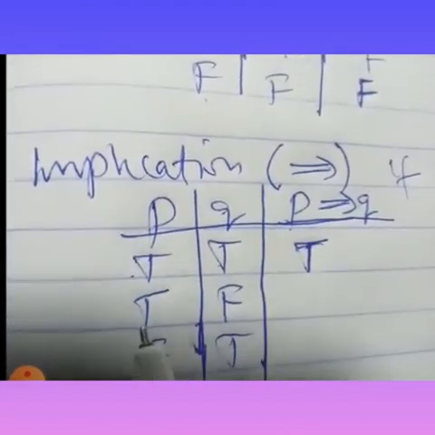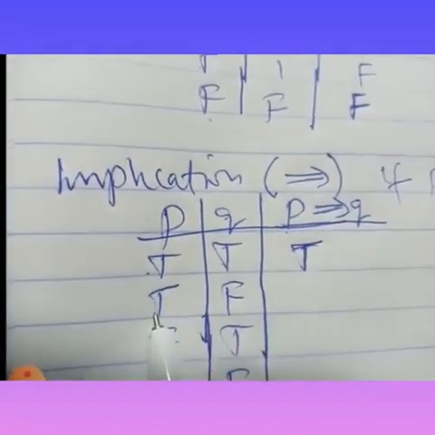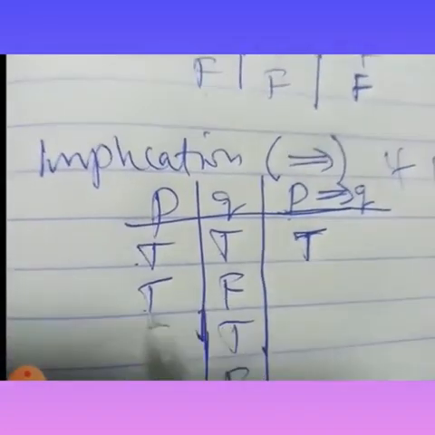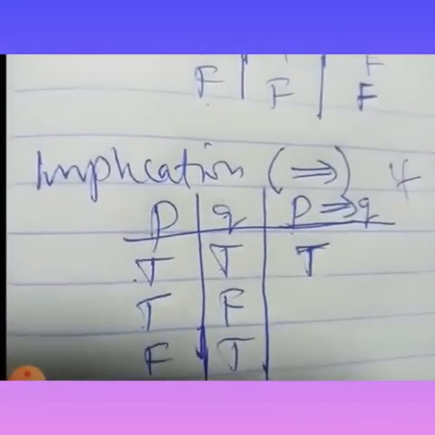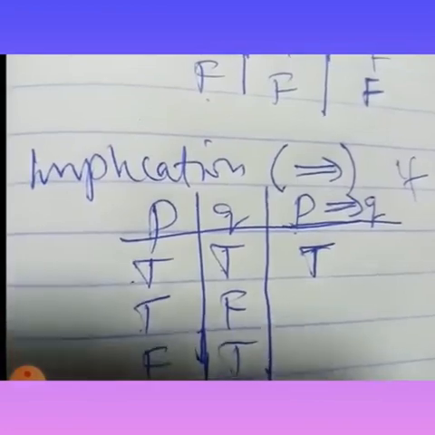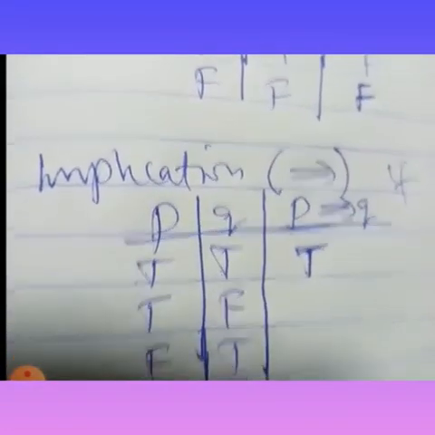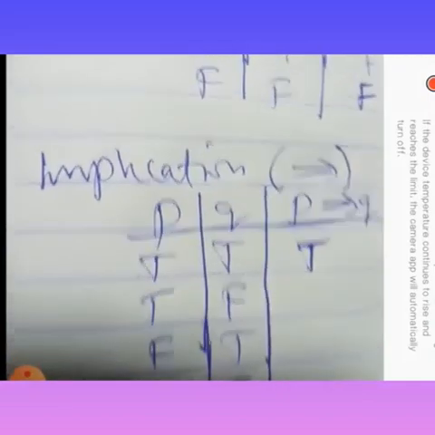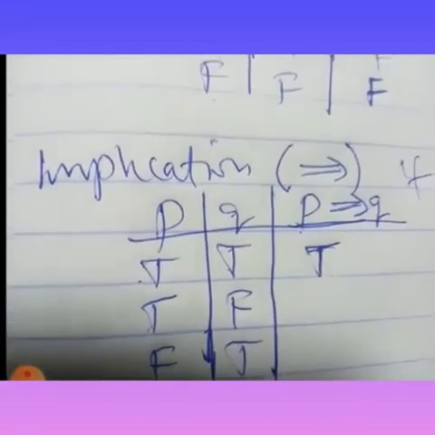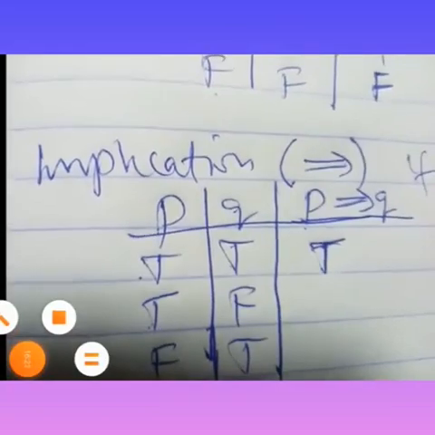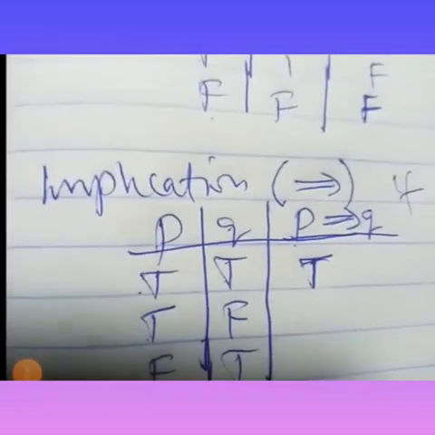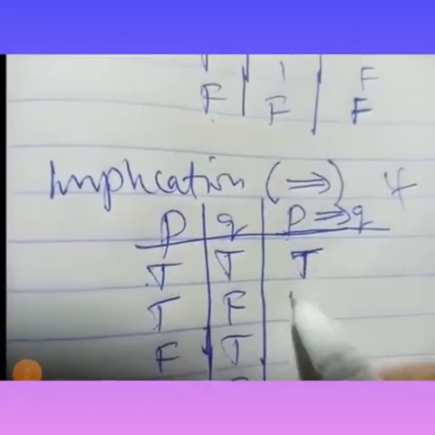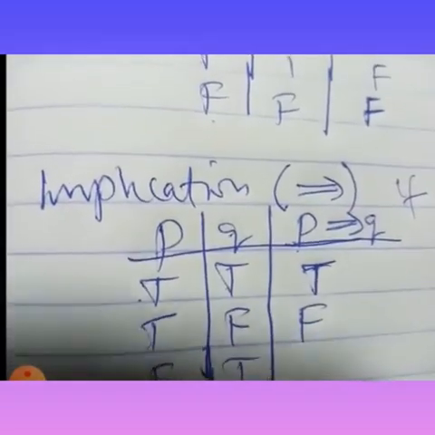Now, he studies hard and he did not pass. True, false. And the condition is that if he studies hard, then he will pass. Now, he studies hard and he did not pass. That is not true. So this is false. It means that it is false because he studies hard and he's supposed to pass, but he did not pass.